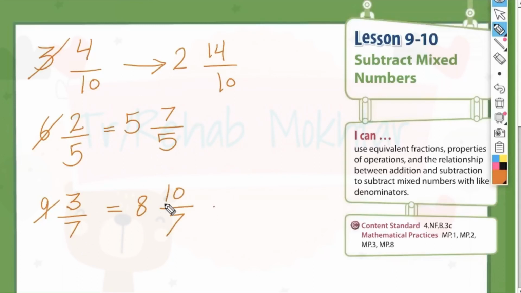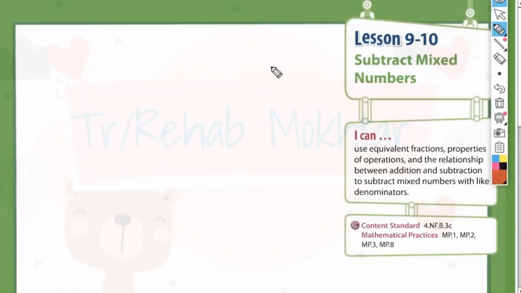Here I can rename the mixed number into another mixed number, and I will tell you why now. When we subtract mixed numbers, like 3 and 9 out of 11 minus 2 and 7 out of 11, we have mixed numbers and the fraction parts with like denominators. So I will subtract the fractions first. 9 out of 11 minus 7 out of 11.